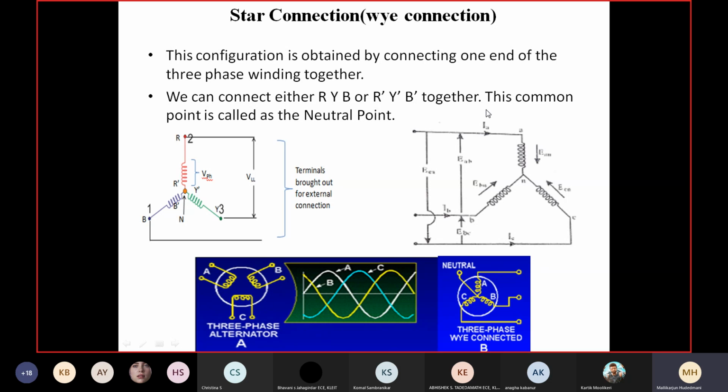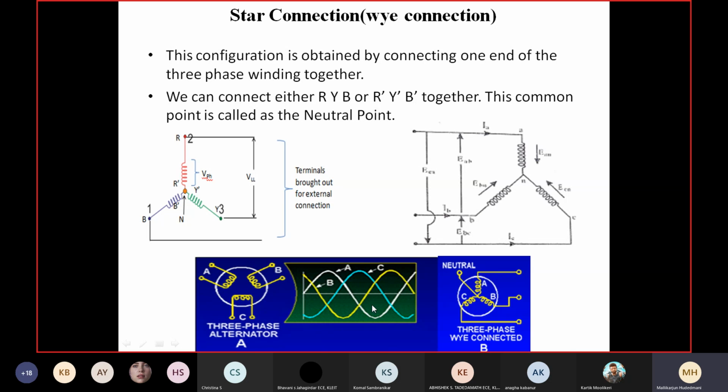When I say the line current entering is the same phase current, the line current entering here is the same current here. You might wonder, sir, you are showing all three currents entering a junction. Where will they go? Very good question if you have it in your mind. Look at the waveform here. Can you see this waveform?